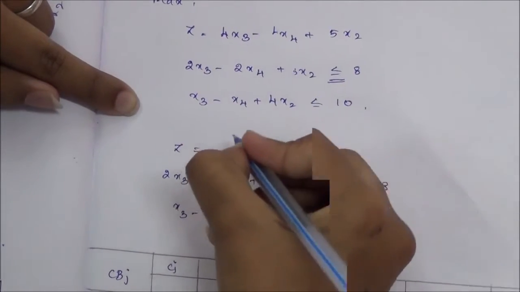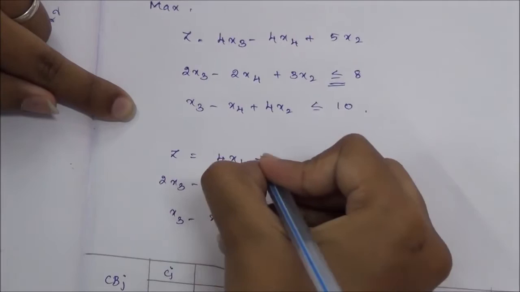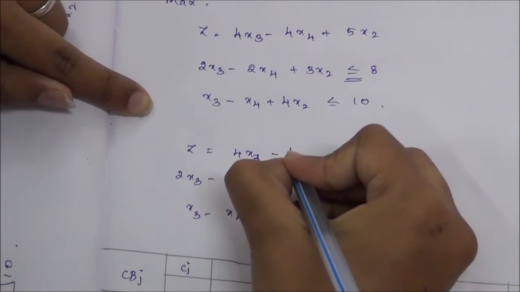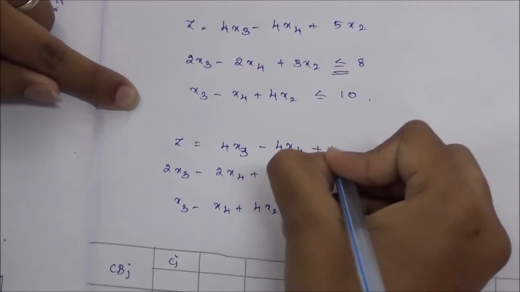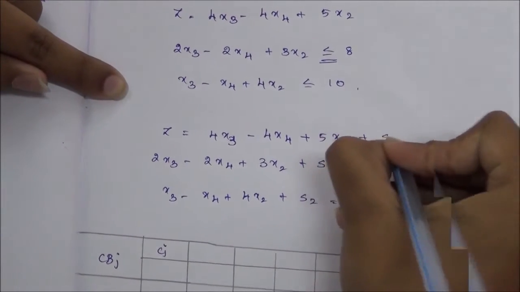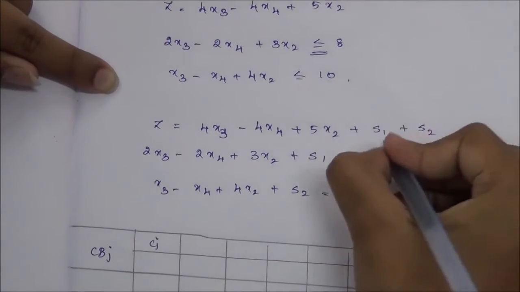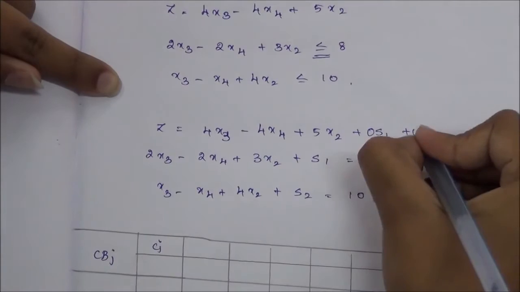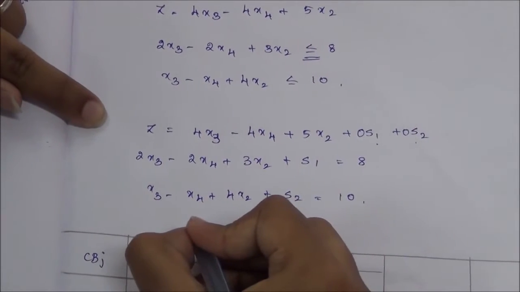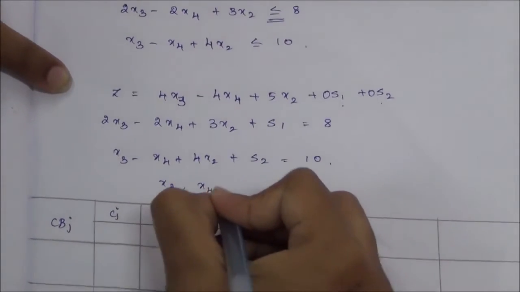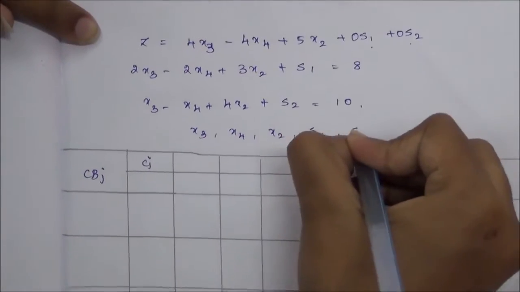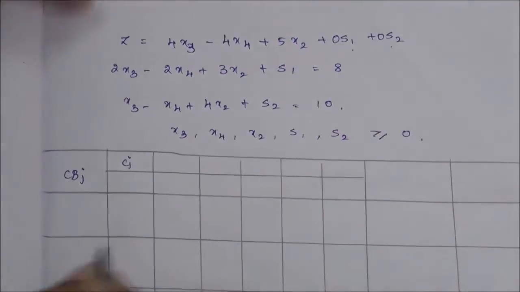In the objective function, it will be 4x3 minus 4x4 plus 5x2 plus 0s1 plus 0s2. The coefficients for s1 and s2 will be 0 and 0, and x3, x4, x2, s1, s2 will be greater than or equal to 0.